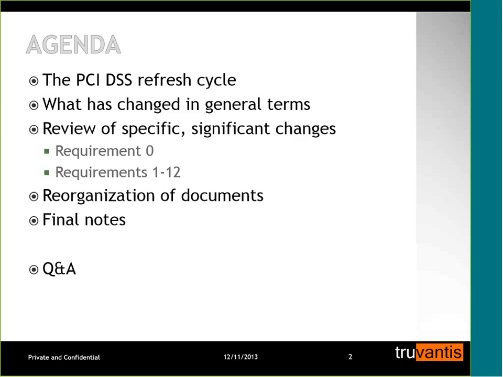Certainly the items in requirements 1 to 12 of the standard, but there's also a lot of preamble to the PCI DSS standard. We sometimes jokingly refer to it as requirement 0, all the stuff that comes before the detailed requirements. And there's a lot of interesting changes in there, which we'll mention. There's also a bit of a reorganization to the PCI documents, so we'll talk about that. And then after a few final notes, we'll look at some questions.